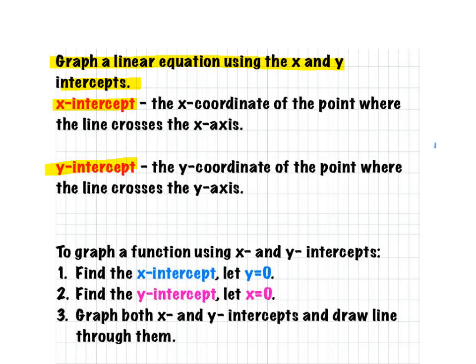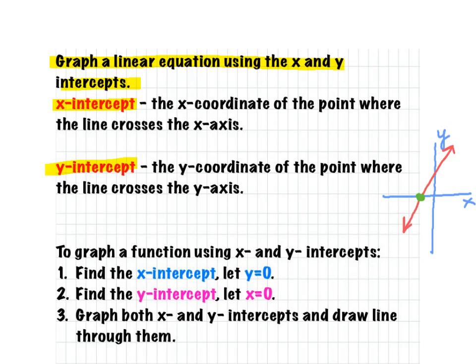So just very quickly, a very rough graph. I just want to show you what those definitions mean. Let's suppose that I have a linear equation that I graph on this coordinate plane. Let me identify for you the x-intercept and the y-intercept. The x-intercept is the point on the x-axis where the line crosses through the x-axis.